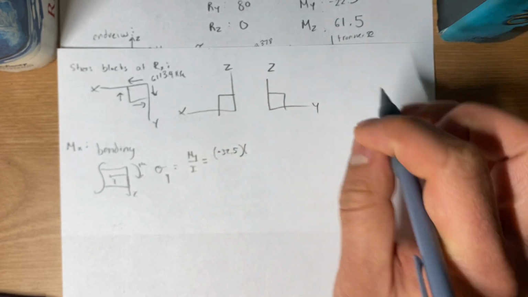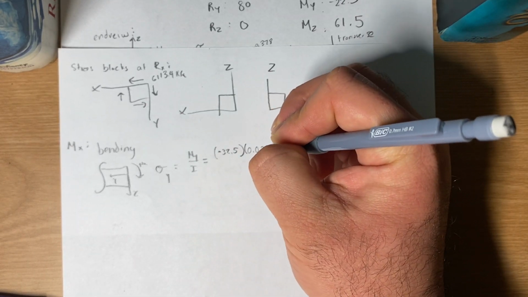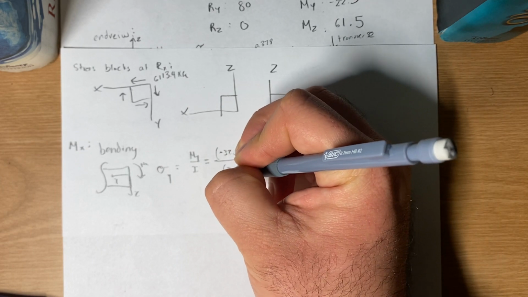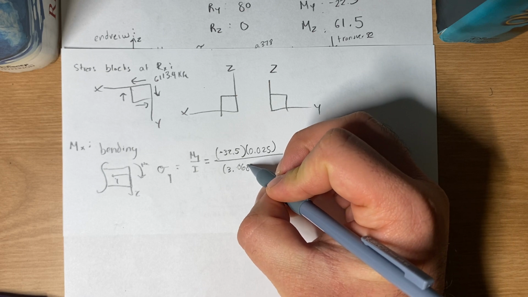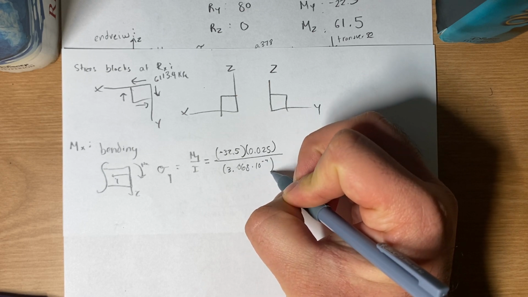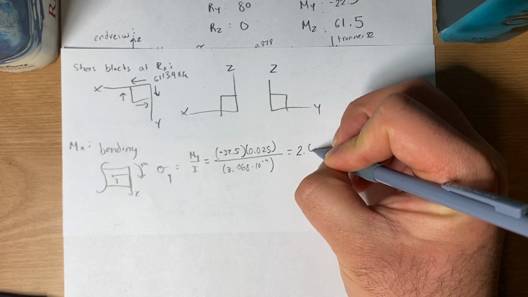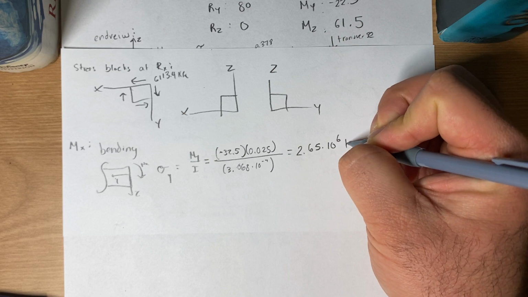And then my y is my outermost fiber, so it's 0.025. My inertia, I calculated that before, and it was 3.068 times 10 to the negative 7. If I plug that into my calculator, I get 2.65 times 10 to the 6 kilopascals.